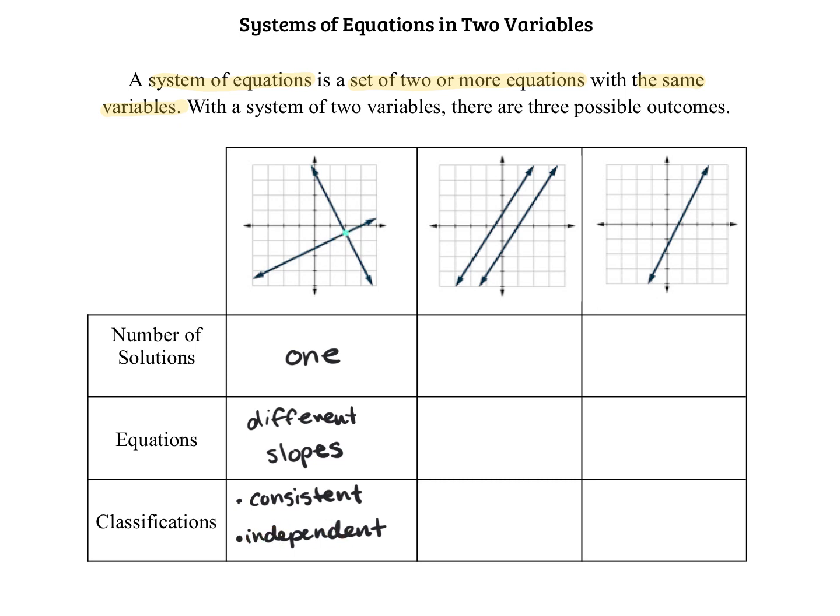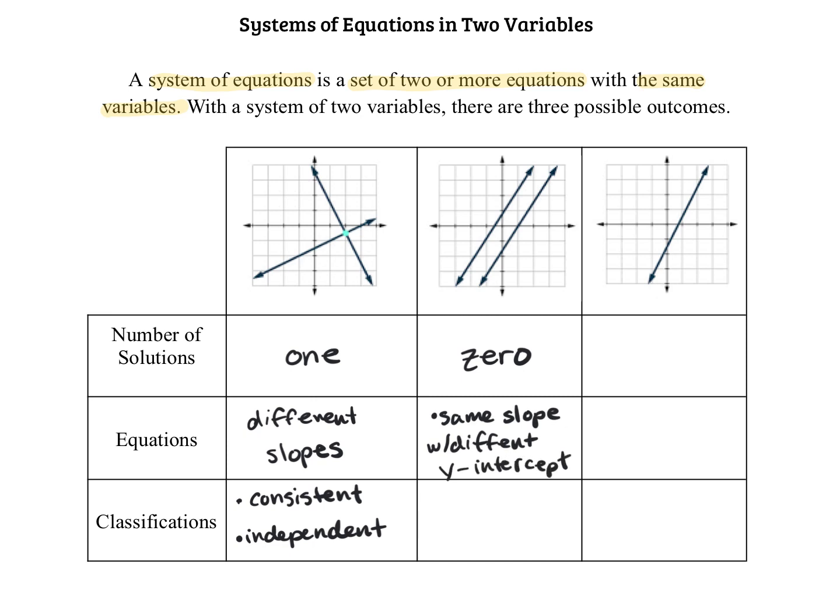Now, it is also very possible when you have two linear equations that they never cross. So if the two equations never cross, then you have zero solutions or no solutions. And this is really only going to happen when you have the same slope with different y-intercepts.